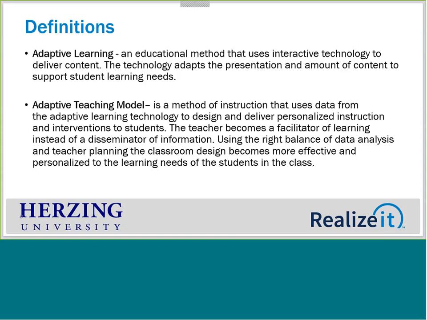So finding what is the data you want to use in your classroom and that balance to offer a more effective and personalized session to the students, whether it be in the online or in a face-to-face classroom. So again, those are our kind of definitions, and I like to speak to adaptive teaching versus adaptive learning alone, since it is both that we need to be successful.